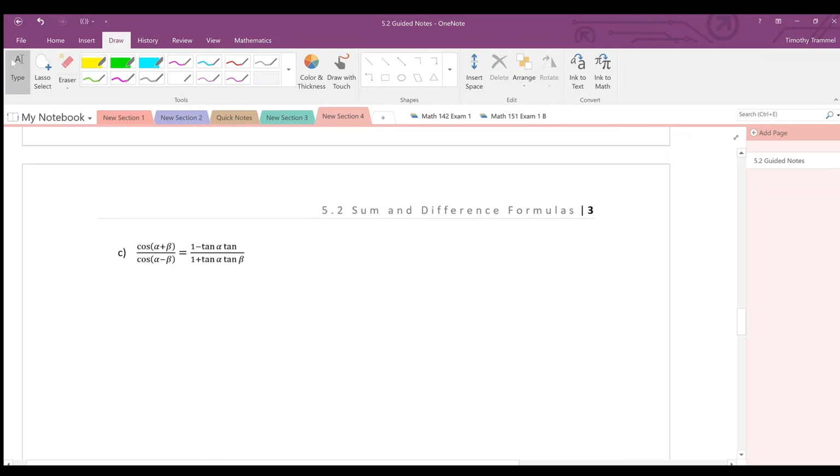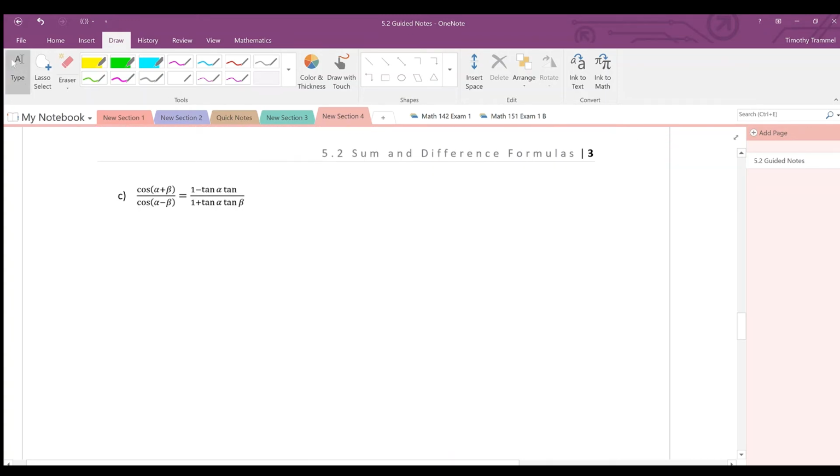So moving on to part C. Once again, I think that you can figure this out on your own. So I think it'd be worth pausing the video and giving this one a try. And I am not going to change my strategy here.